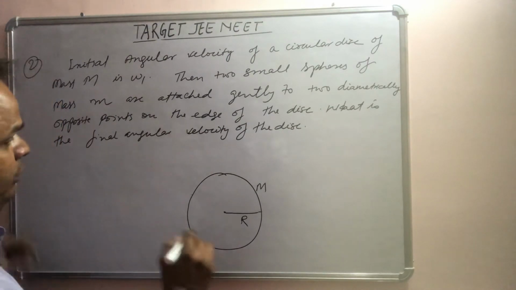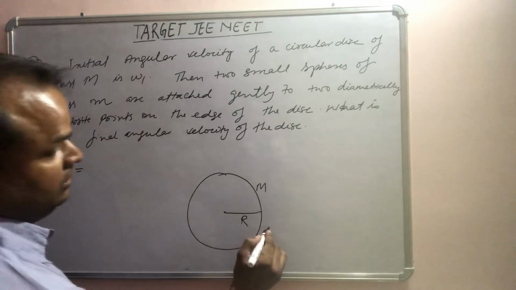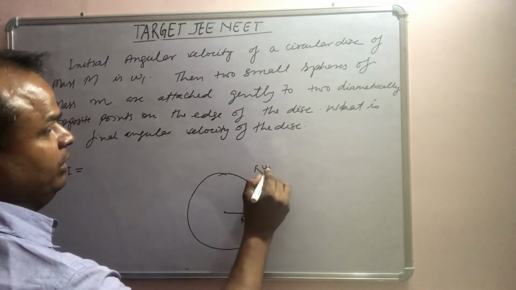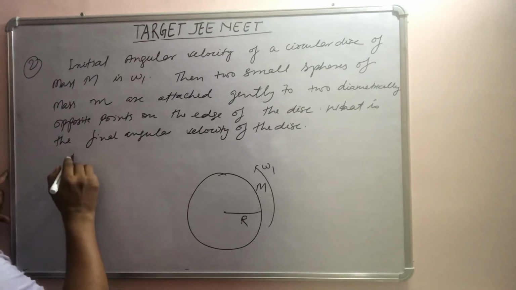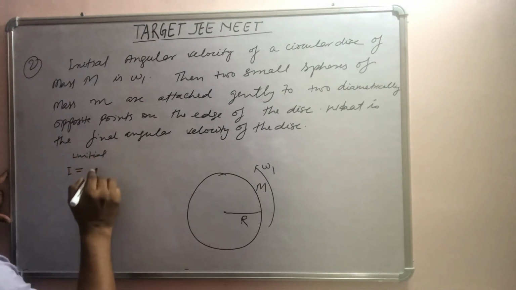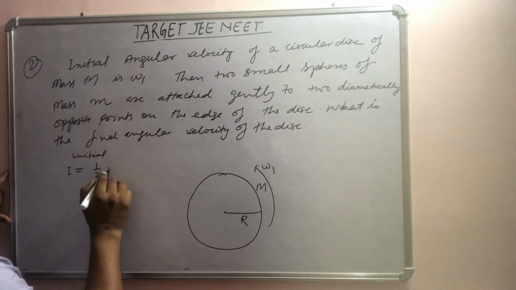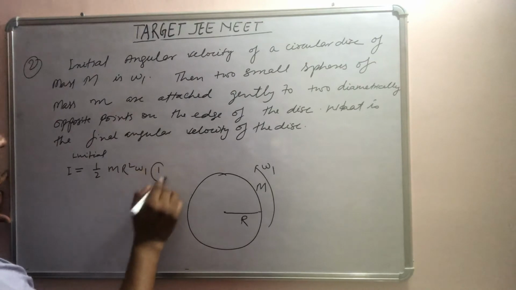Okay, so its angular momentum is equal to, and its angular velocity is omega 1. So the initial angular momentum is equal to half m r square omega 1 first.